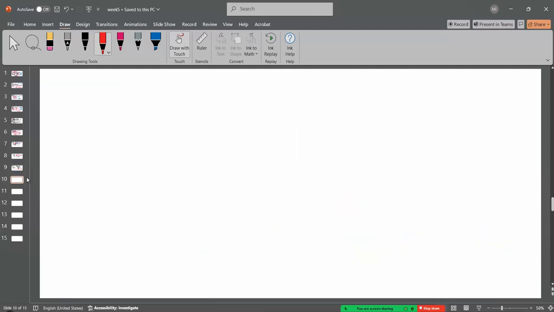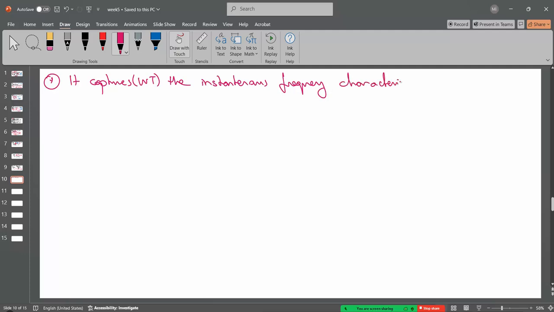And so, in the wavelet transform, we can write that it captures the instantaneous frequency characteristics instead of regional or total frequency ones. Okay?